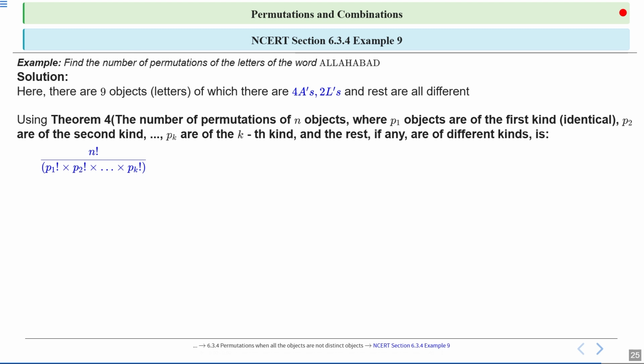Theorem 4 states that when we have n objects, where p1 objects are of the same kind, p2 are of the second kind, and pk are of the kth kind, and the rest, if any, are of different kinds, the number of permutations is n factorial upon p1 factorial into p2 factorial ... pk factorial. So this formula gives us the exact number of permutations for the letters of the word Allahabad.